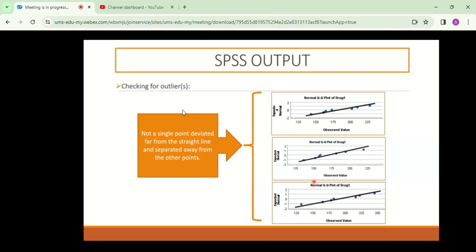We can see from here all the 7 points for each of the drugs are close to the straight line. So there is no apparent outliers.